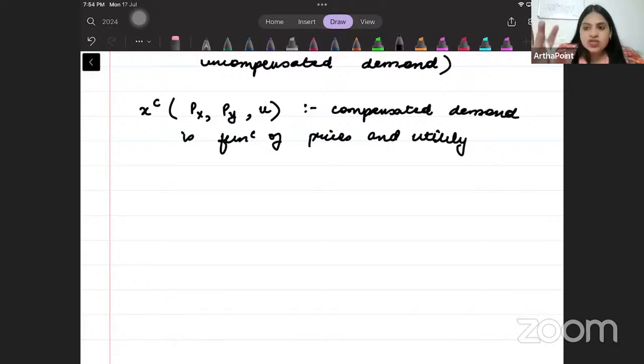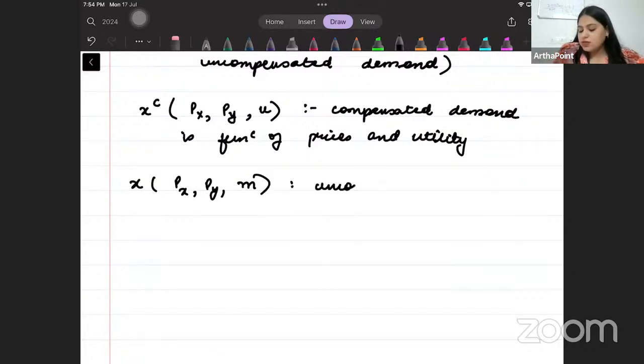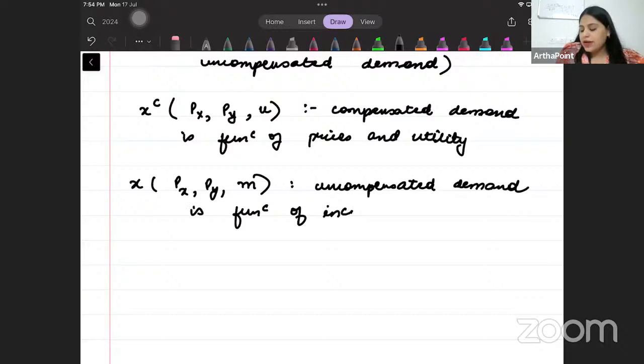In fact, it holds utility constant. If you remember the uncompensated demand, it was nothing but the Marshallian demand, and it is a function of income and prices. So it's an uncompensated demand. It is a function of income and prices.